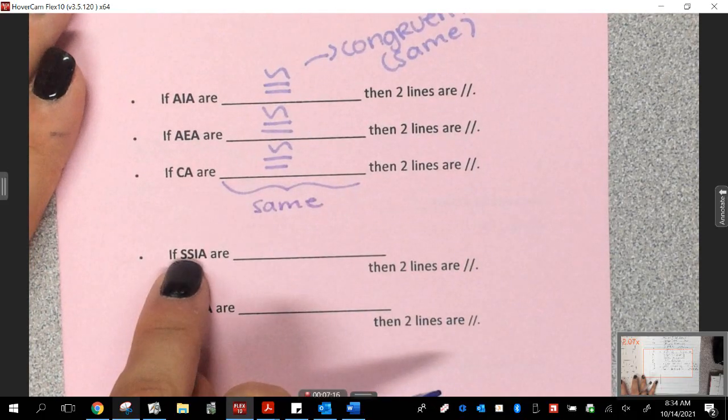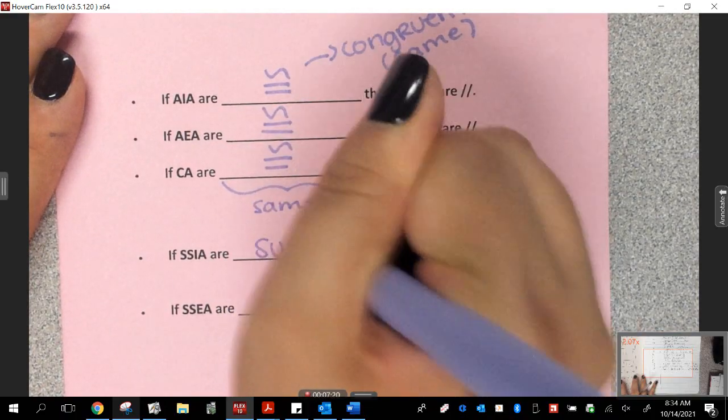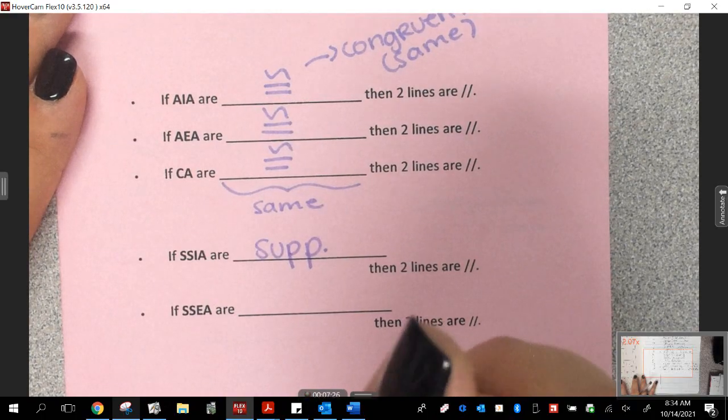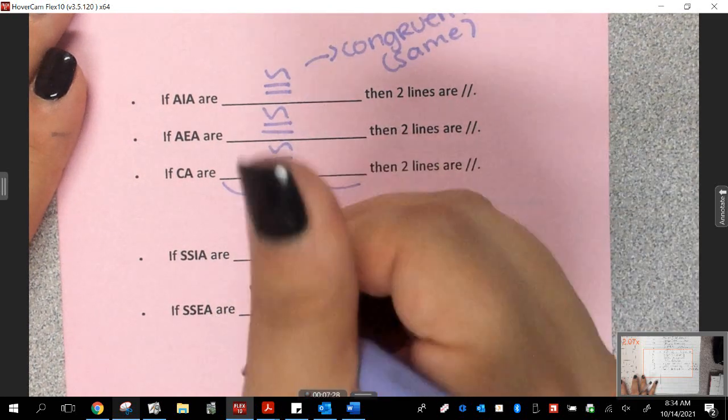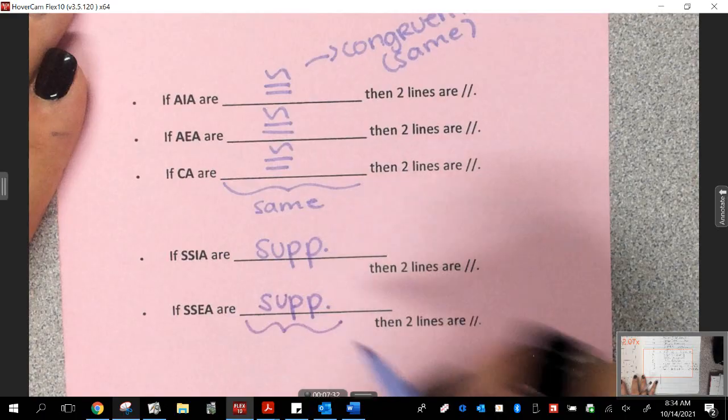What about SSIA? So if we write sup, what does that mean? Supplementary. What about SSEA? Supplementary. And what does supplementary mean?